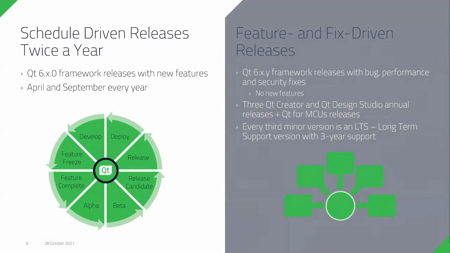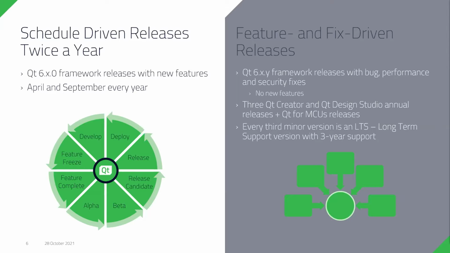So Qt releases are consistent, organized, and quality controlled. We release twice a year, minor releases, in April and September, and every third release is a long-term supported release. What that looks like is that you get 3 years of support, backported bug fixes, and security patches on that LTS version. Here in September of 2021, we just released Qt 6.2, which is the first LTS release in the 6.x family.